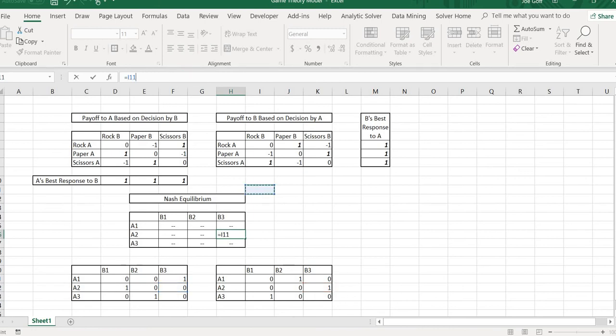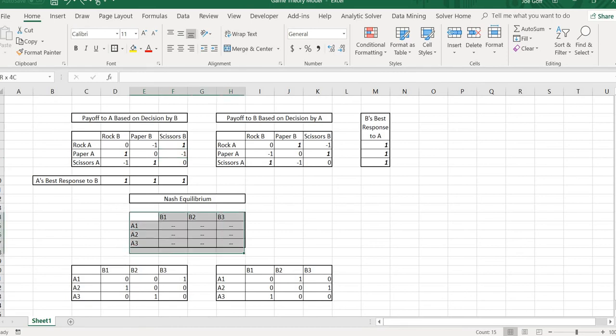So if this was my max and this was my max over here, that's a Nash equilibrium because we are both getting the maximum payoff possible. That's a Nash equilibrium.